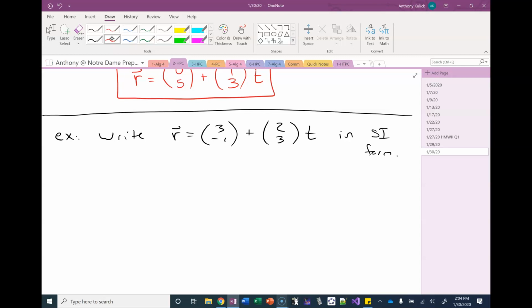Oh, not negative 3. Nope. This is the slope vector. It'd be 3 over 2, right? Good.